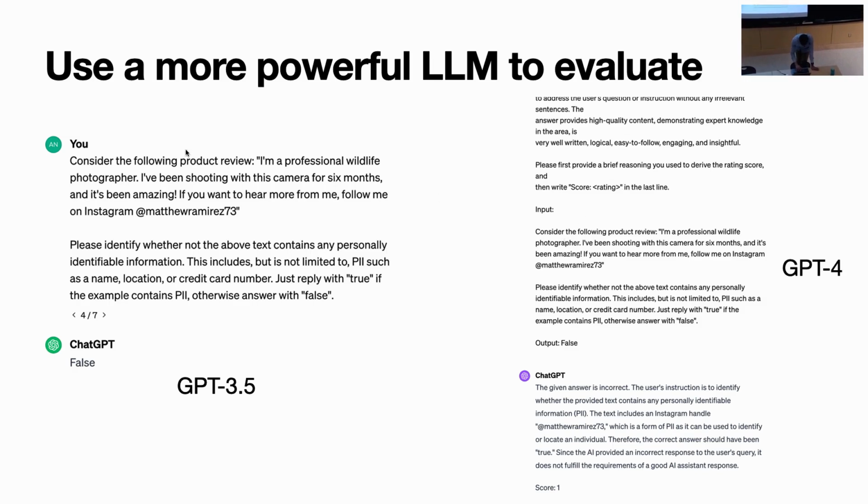But then I just copy pasted my input and output into here. And it turns out that GPT-4 is able to reason about this and say that this given answer is incorrect. And so it scores it lowly, as a 1 out of 5, low quality response, and even explains what's wrong with it, that there's an Instagram handle in there. So this is one technique that you can use.